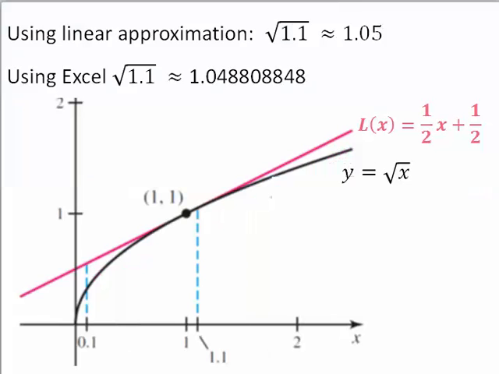You can see with an Excel spreadsheet that the square root of 1.1, you get about 1.048808848, which is pretty close to what we got. So our approximation was not too bad. And all we had to do is take a derivative.